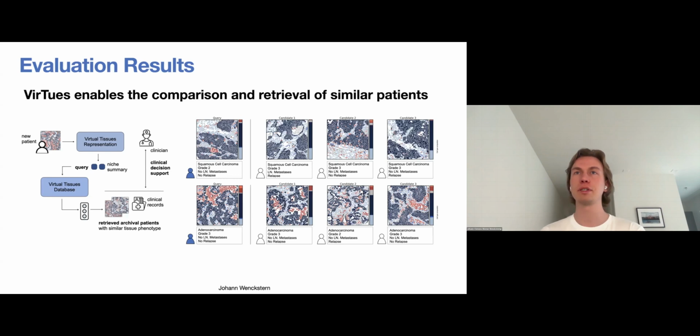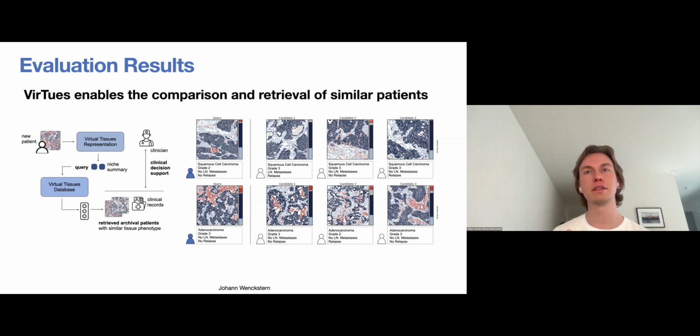Here you see some examples of these retrieval mechanisms, and you can find more examples in the paper. They show that the model retrieves tissues with similar structure and composition as the query tissue. For instance, in the first row, you see tissues with compartmentalized larger tumor areas and compartmentalized fibroblast areas.